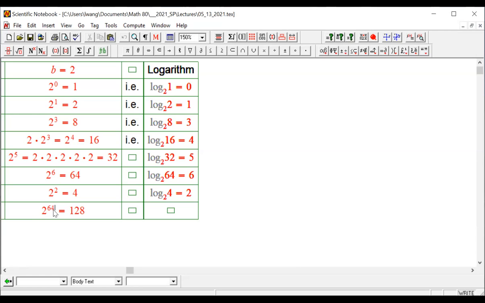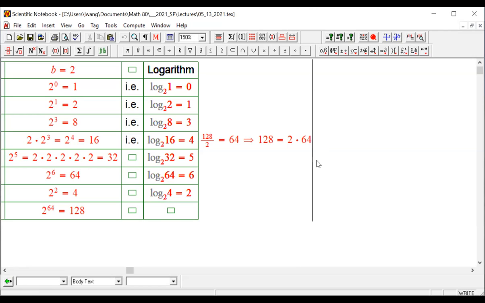But 2 to the power of 64 means what? 128 divided by 2 equals 64. What does that imply? That just implies 128 equals 2 times 64. It doesn't tell you 2 to the power 64 equals 128.